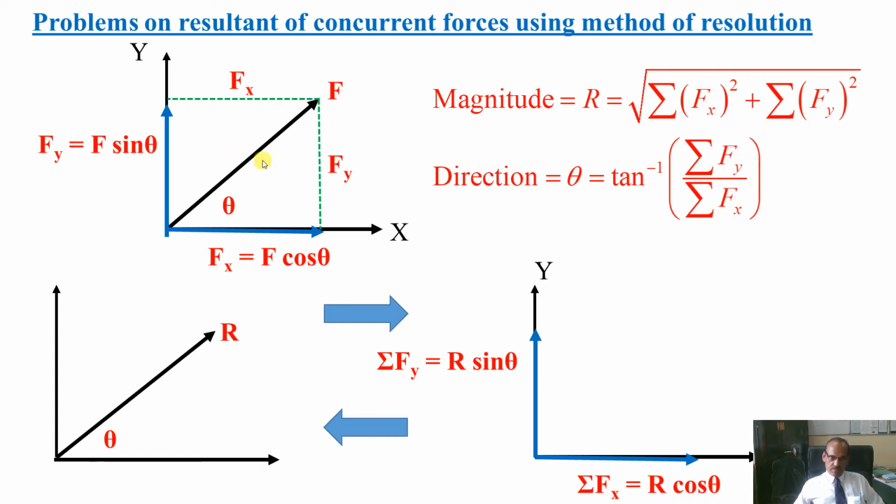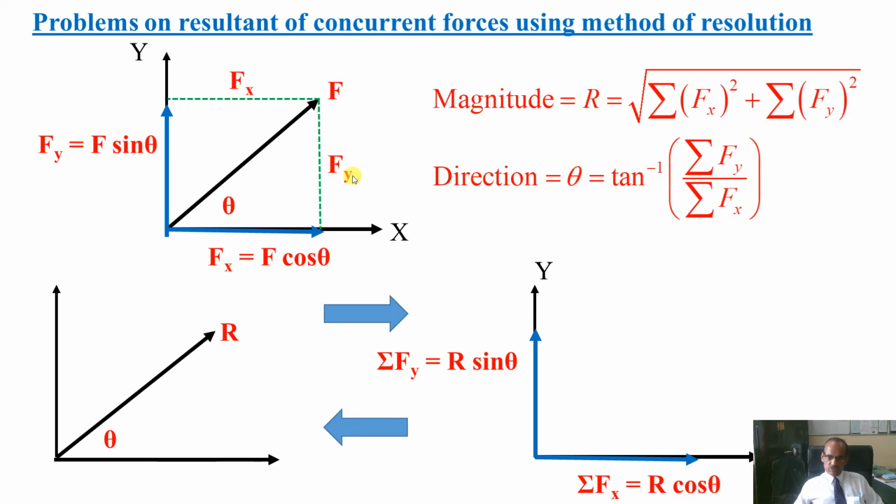How will you get the resultant? Using Pythagoras theorem, the magnitude of the resultant will be the square root of the summation of Fx squared plus summation of Fy squared. Suppose there are two forces, three forces, you resolve them and take the summation of Fx squared plus summation of Fy squared, under root of this, and you will get the resultant.